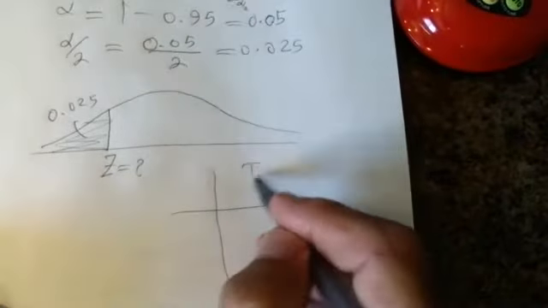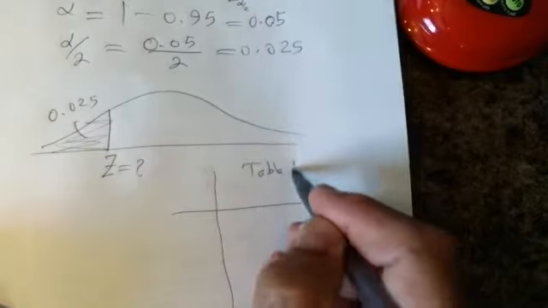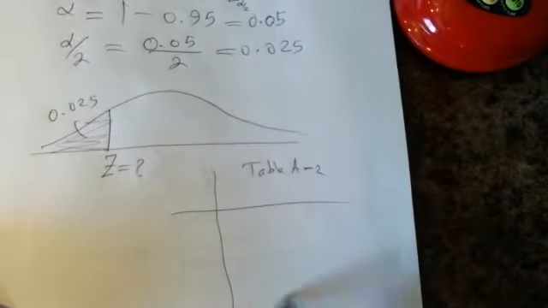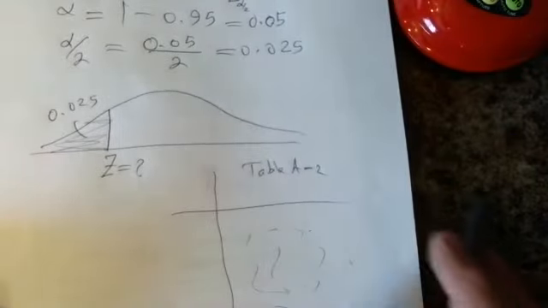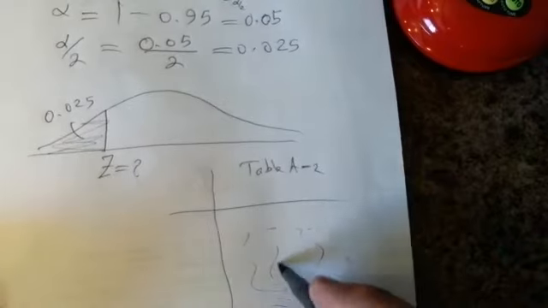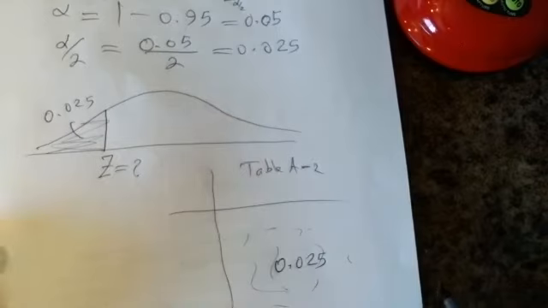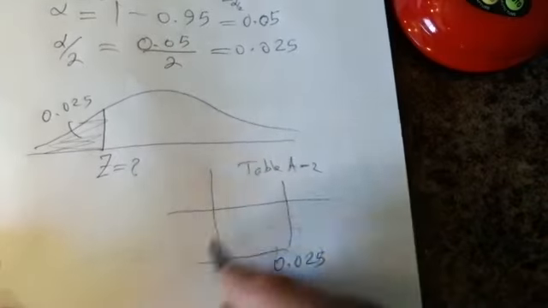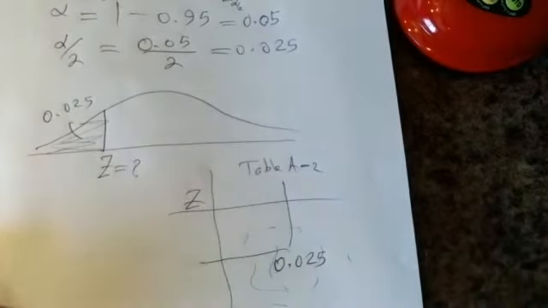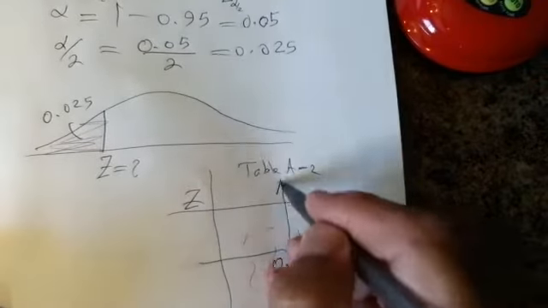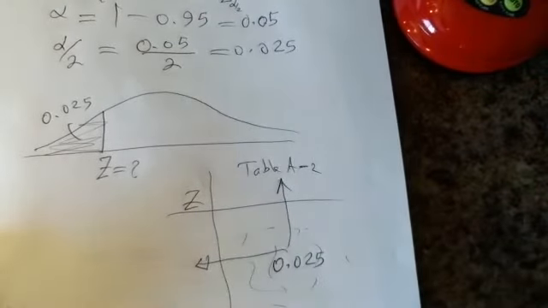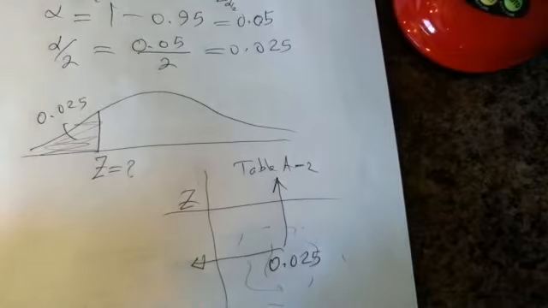In table A2, these numbers are all areas, right? You find 0.025, then you read the z value. Or it's easier to use the calculator.